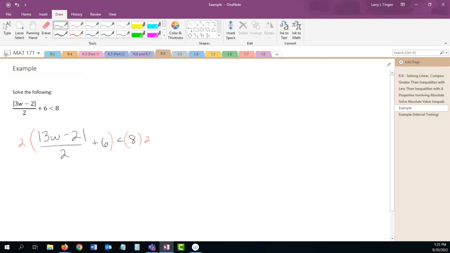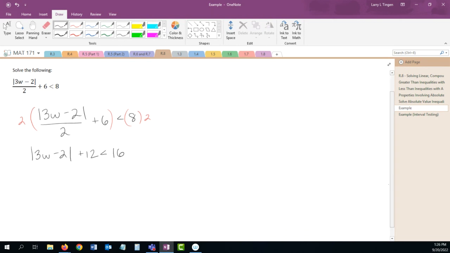The LCD of this whole inequality, all three terms, is 2, because 2 is the only denominator we have. The 6 is over a 1 and the 8 is over a 1. If I multiply both sides by 2, it takes away the denominator from the absolute value term. And now 6 times 2 is 12, 8 times 2 is 16.